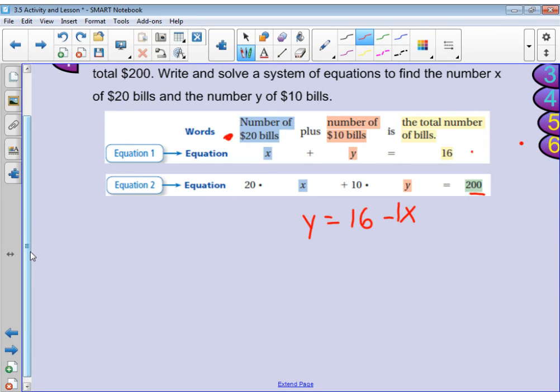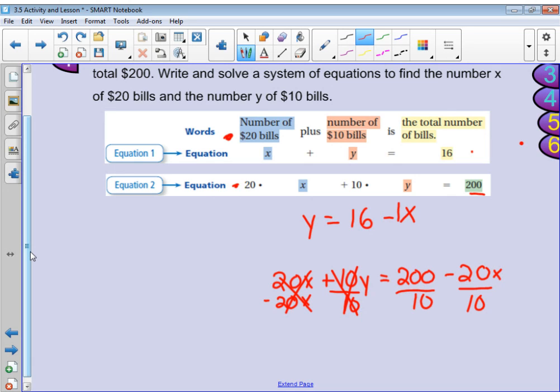Okay, so now our second equation was this one, and that is 20 X's, or 20 times our number of X's, plus 10 times our number of Y's equals $200. Okay, we want to get Y by itself, so we're going to have to subtract the 20X, minus 20X, and then divide by 10 to get it to say Y equals.